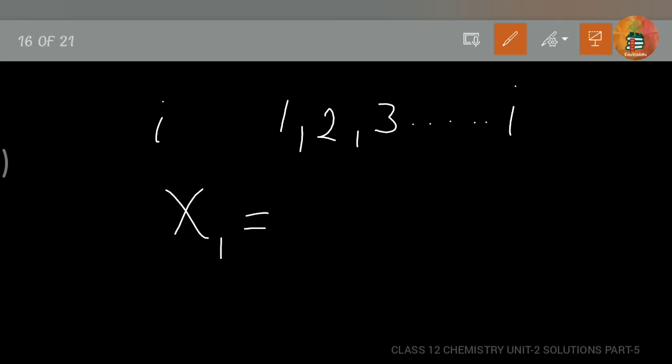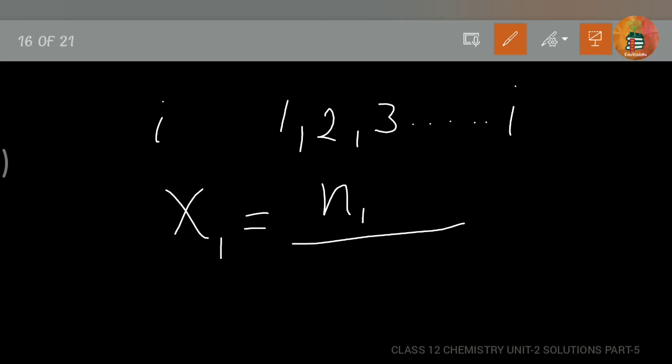In general, if there are i components in a solution, let me consider them as 1, 2, 3, and so on up to i components. In this case, if you want to find out the mole fraction of the first component, which is represented as chi 1, that is given by the number of moles of component 1 divided by the sum of the moles of all the components.